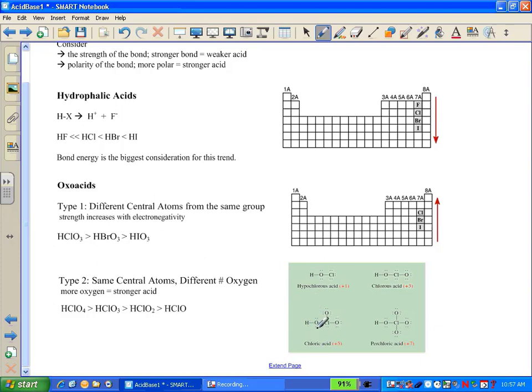The more oxygens, the more electron density is being pulled away, and the weaker this bond becomes, and it's more acidic. If you look back at the list of strong acids, HNO3, H2SO4, HClO4, those are all the molecules that are holding the maximum number of oxygens with those central atoms.